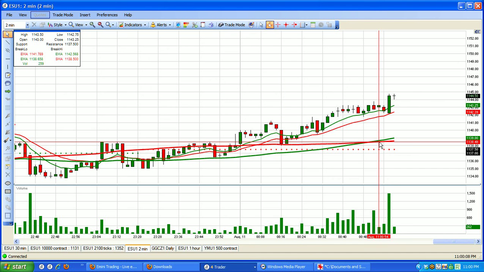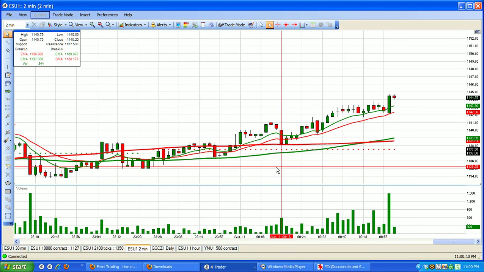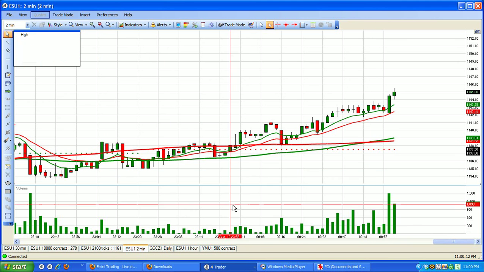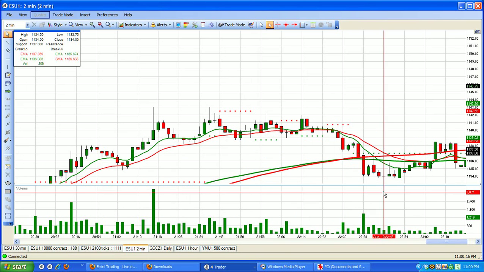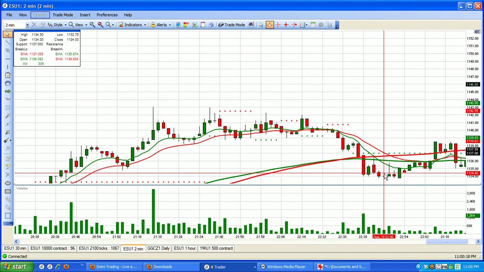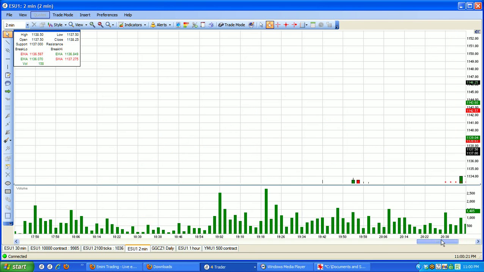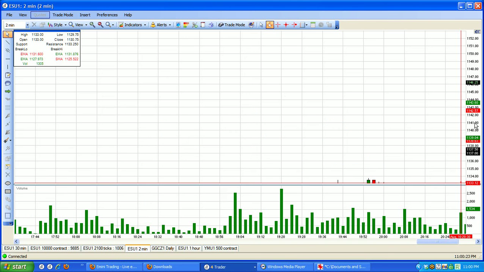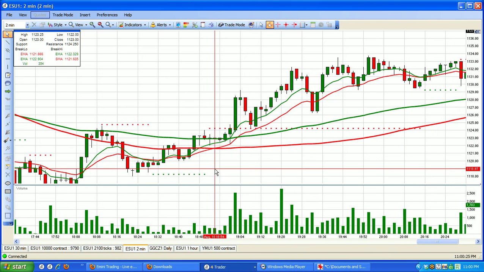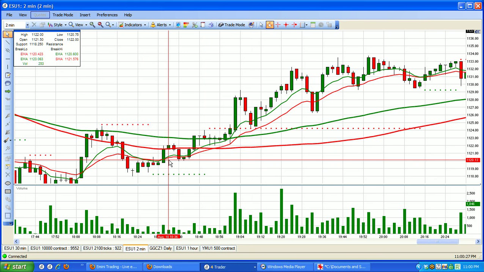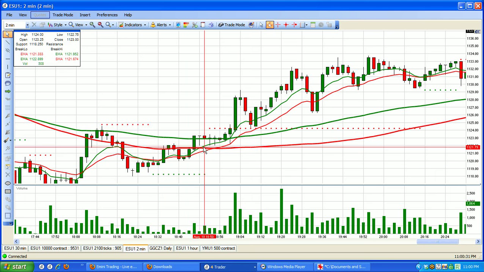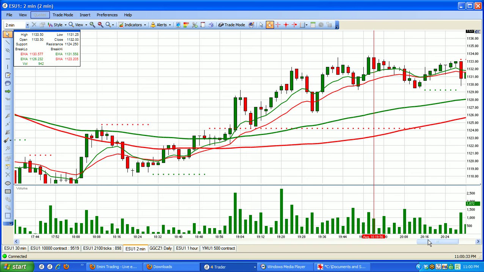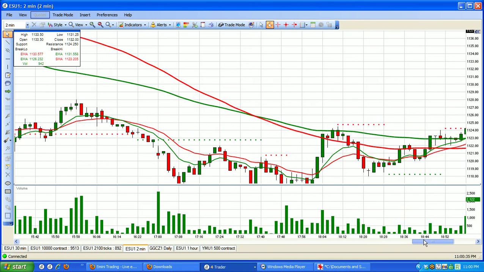We get a cross here. We get a cross back here. We get a cross back here. But before we got this little cross here, we got this big cross where?